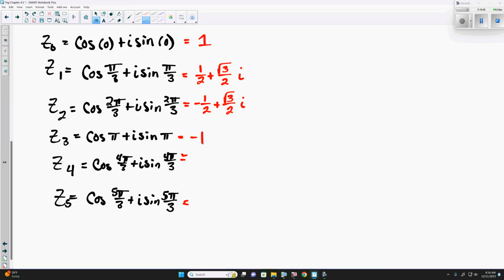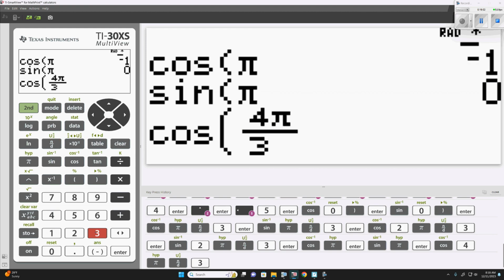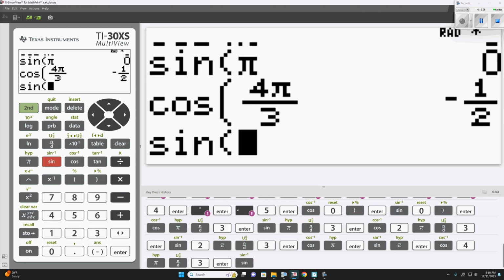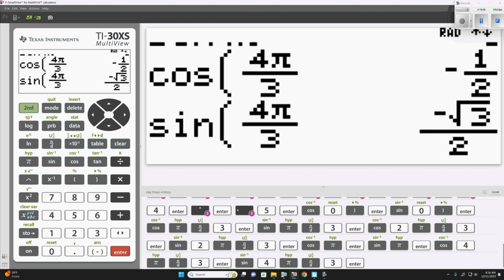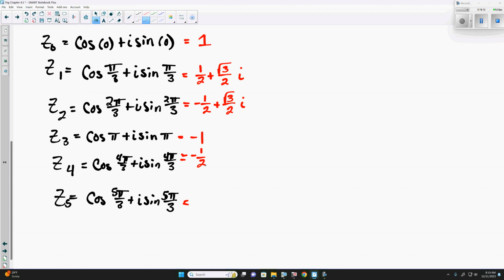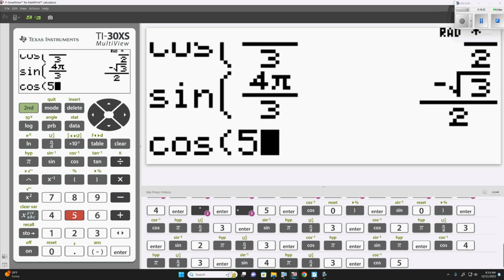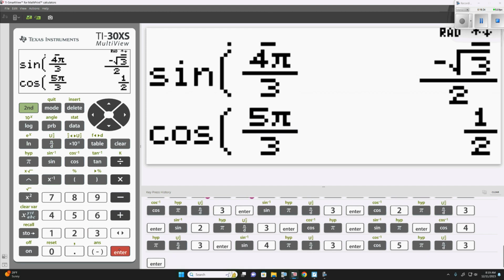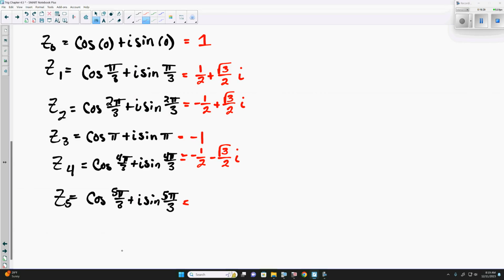So the next one would be negative 1. 4 pi over 3: cosine of 4 pi over 3 is negative 1/2, sine of 4 pi over 3 is negative square root 3 over 2. And the last one's going to be positive 1/2 minus square root 3 over 2: cosine of 5 pi over 3 is positive 1/2, sine of 5 pi over 3 is negative square root 3 over 2.